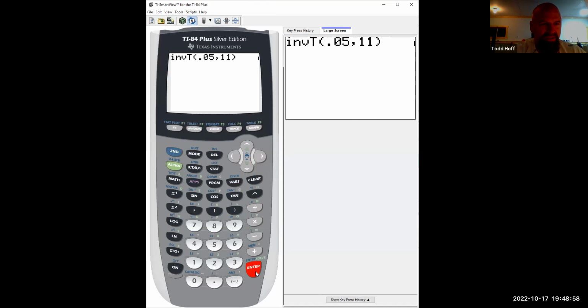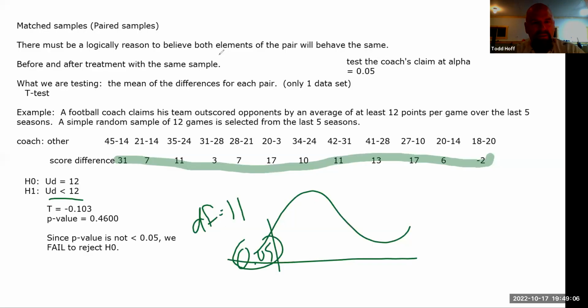And we get a negative 1.796 is our critical value. So since the test statistic of t is not less than negative 1.796. Again, we fail to reject the null hypothesis.